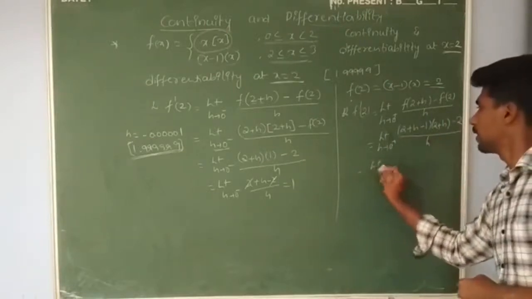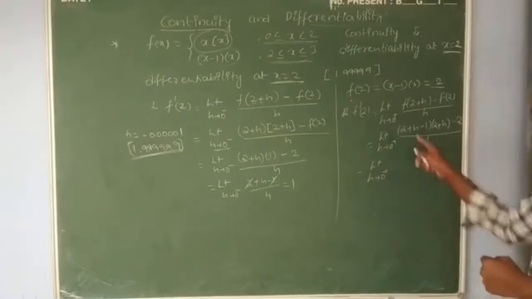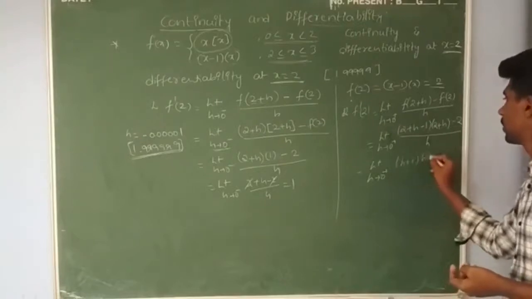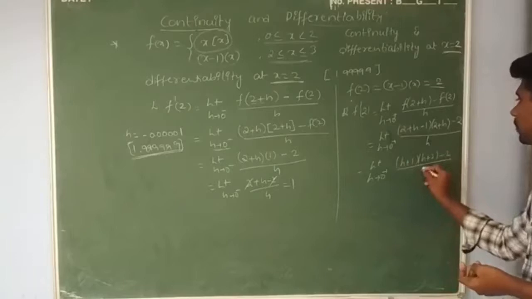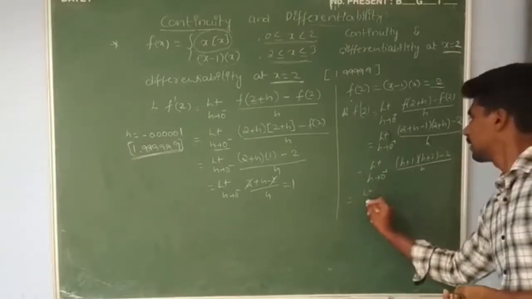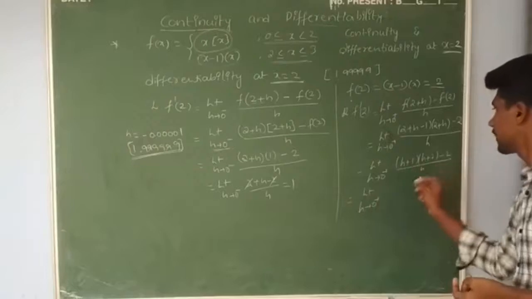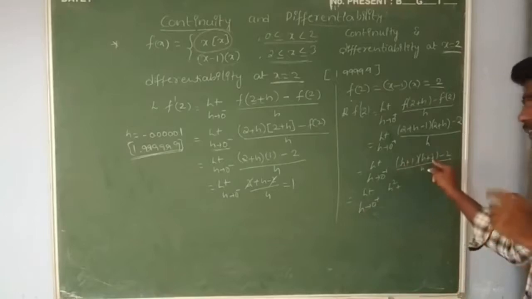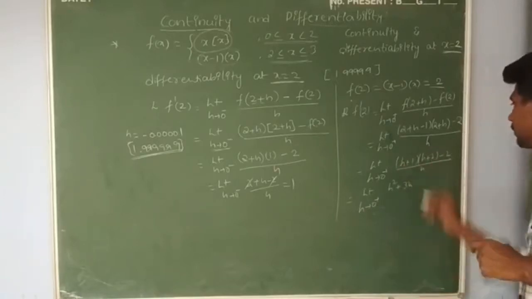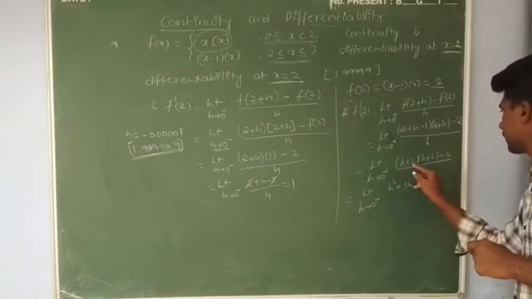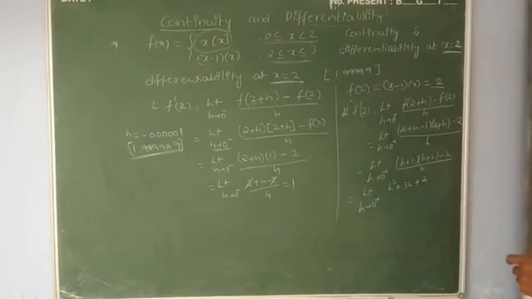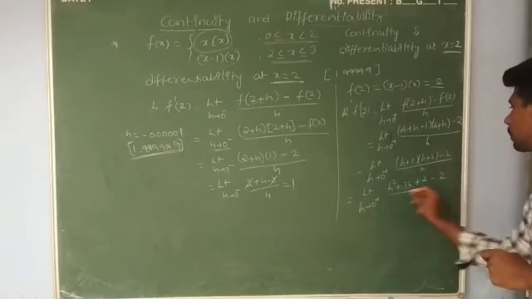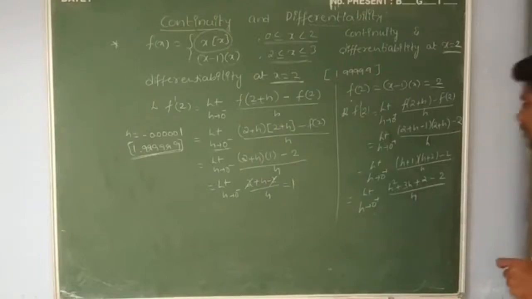So what I am getting is the limit h tending to 0 plus of 2 plus h minus 1, which is nothing but h plus 1, into h plus 2, minus 2, by h. Multiply: limit h tending to 0 plus, h plus 1 into h plus 2 gives h square plus 1 into h, 2 into h, 2h, 3h, plus 1 into 2, 2, minus f of 2, which is 2, by h.